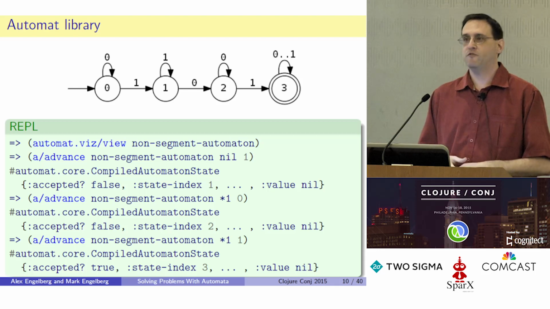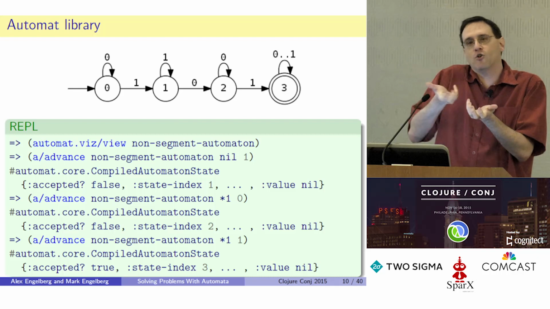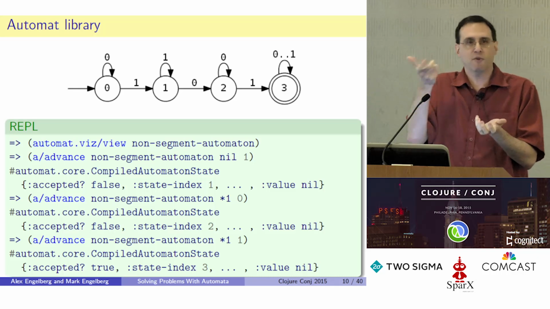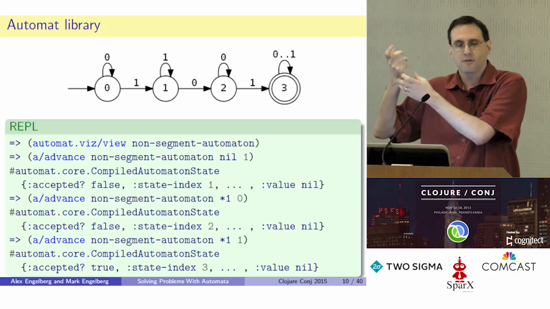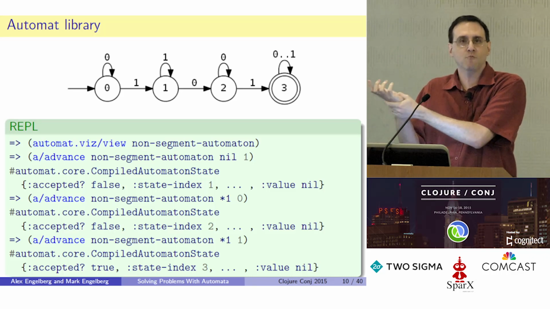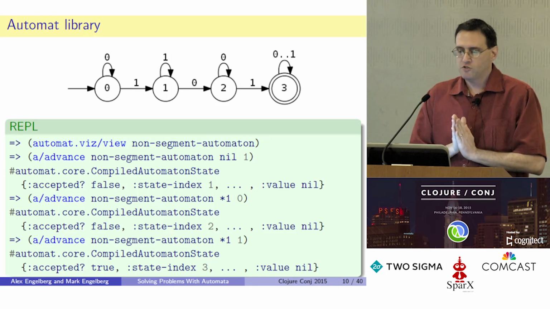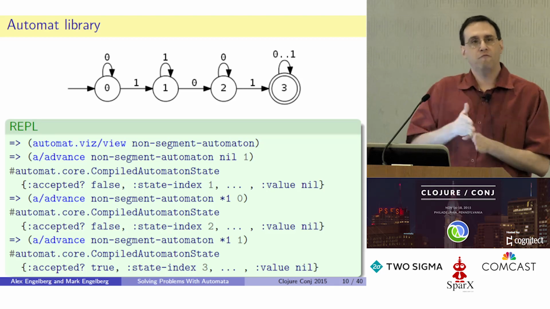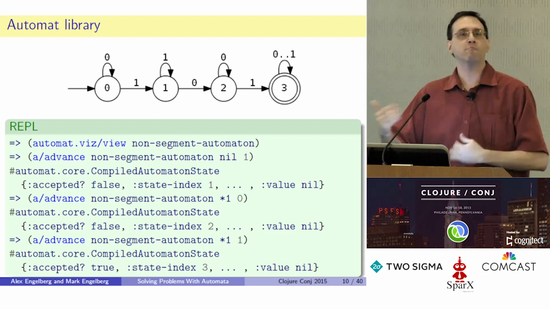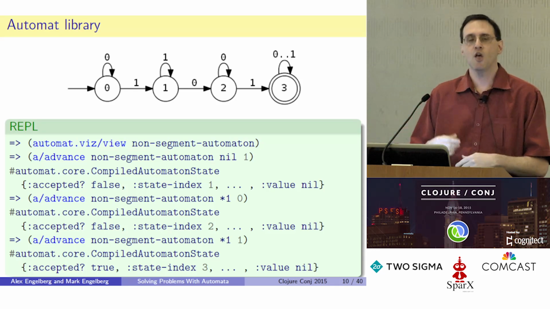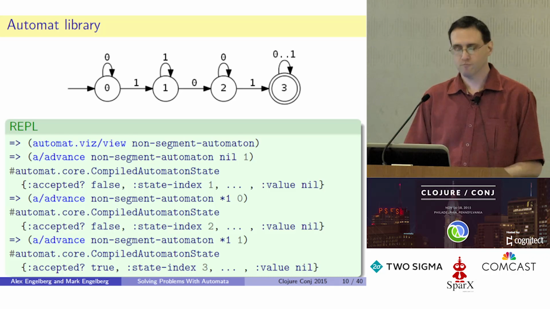So advance is a function that takes an automaton, and it takes the current state of the automaton, which is some kind of immutable object, and it returns a new state, so a completely different object representing the new state. So that means that we can sort of step through all the processes of an automaton by taking the output from one and just feeding it right into the next function.